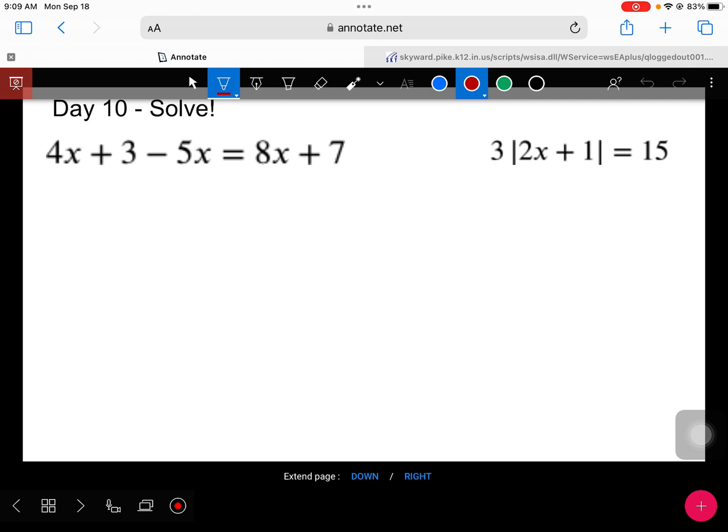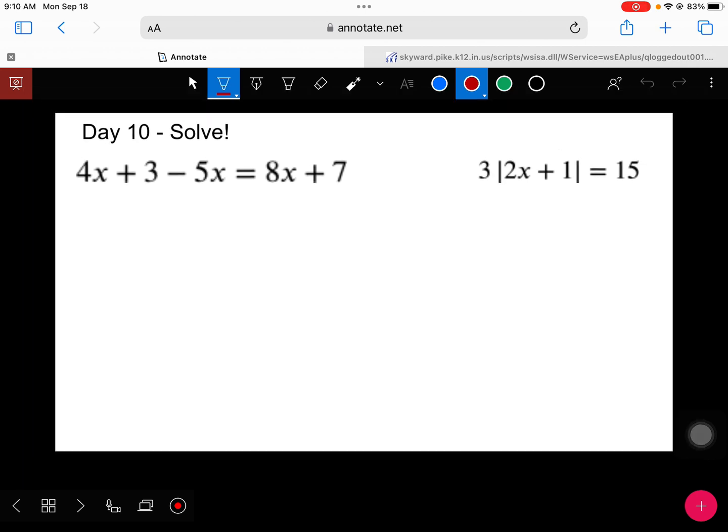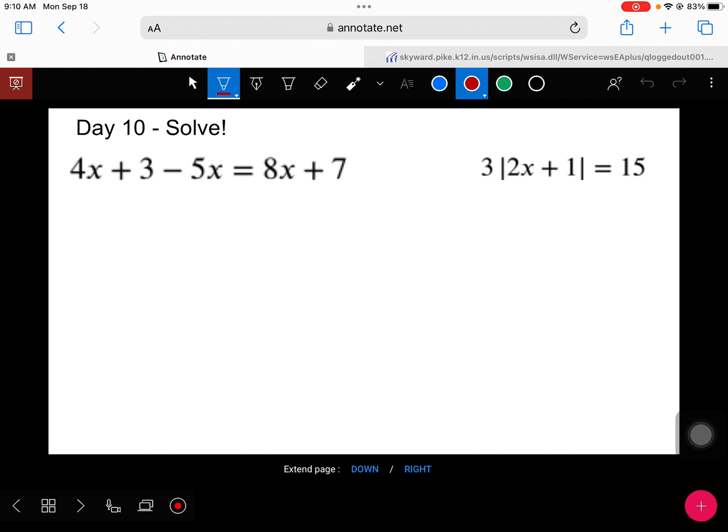Joel's, what do you think? A little louder. Subtract 4x. That is something a lot of students would do. There's something a little better. And that will, if you do things correctly, you will get the right answer.